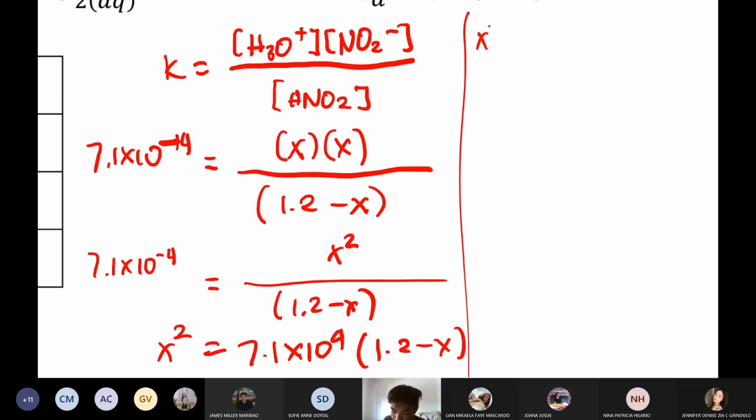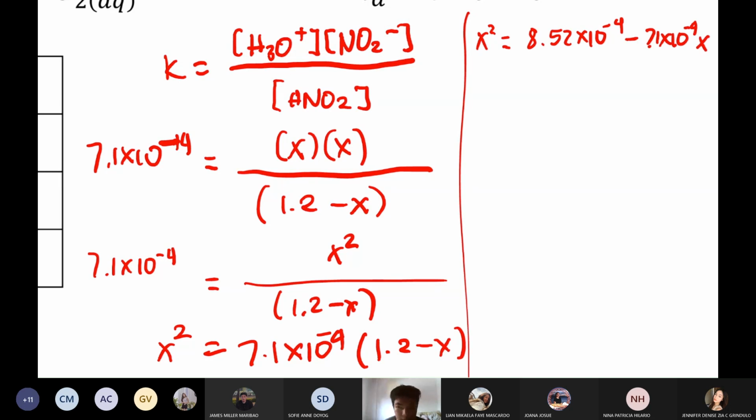So, we get x squared equals 7.1 times 10 raised to negative 4, times 1.2. That's equal to 8.52 times 10 raised to negative 4 minus 7.1 times 10 raised to negative 4x.